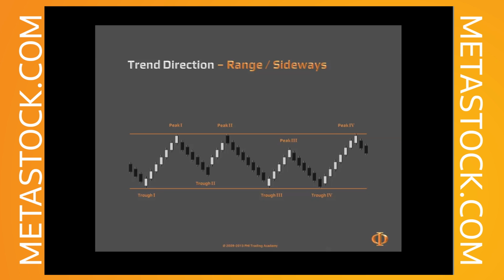Now remember, it's not going to be brain surgery. It's not going to be exactly the same level each time. Yes, it's around the area there. So if we have horizontal peaks and troughs, then we identify this trend as a range or a sideways trend. And what do we do in this case is the question.